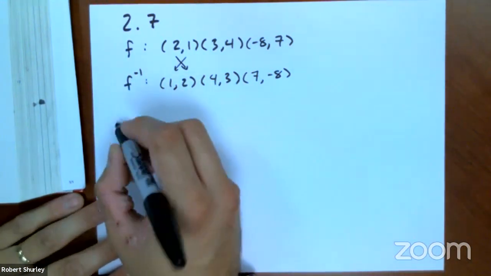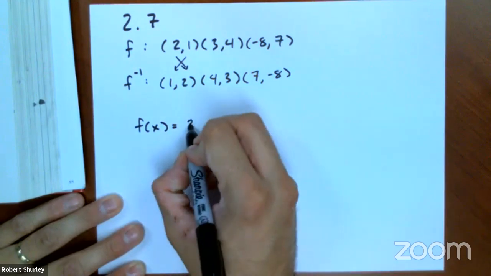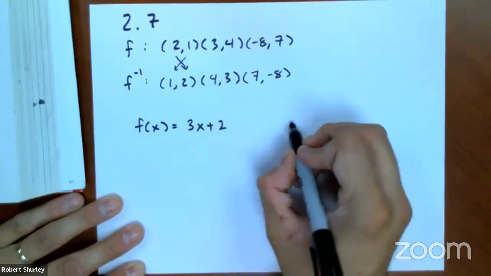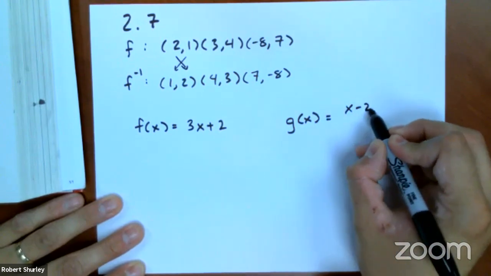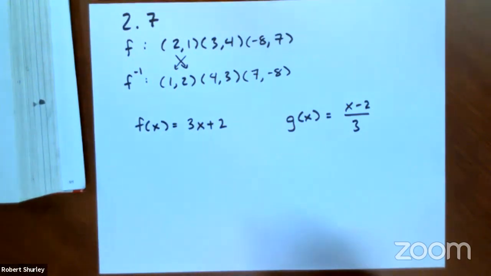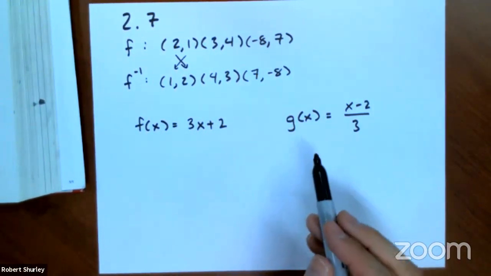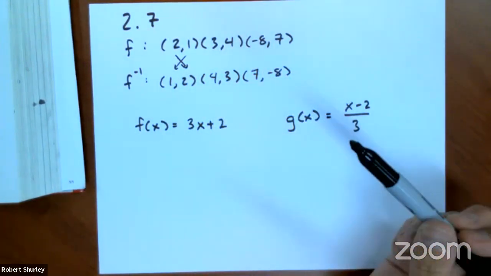Actually, before I get started, I'll give you an example where we have 2 functions that are inverses. So let's say I had f of x equals 3x plus 2 and g of x equals x minus 2 over 3. These are examples of inverse functions, but it's kind of neat how this happens actually.